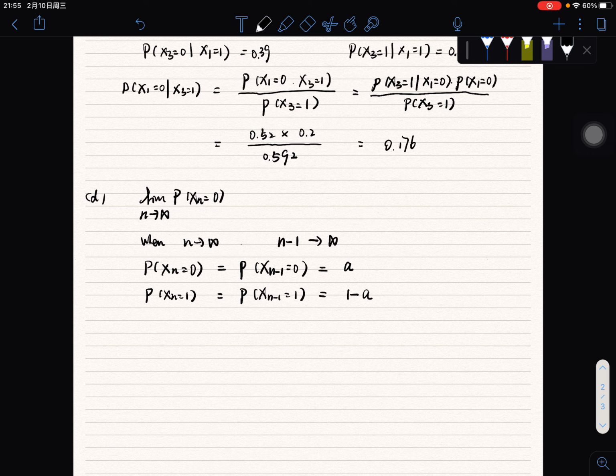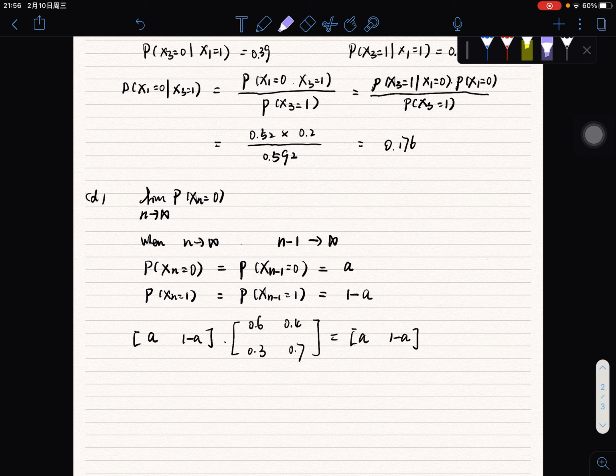And we can use the previous results. We will get these two probabilities multiplied by the matrix 0.6, 0.4, 0.3, 0.7 equals this probability.